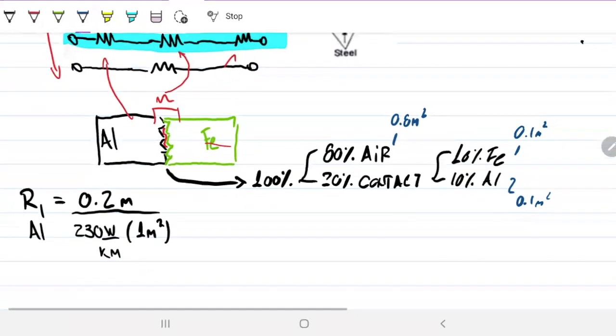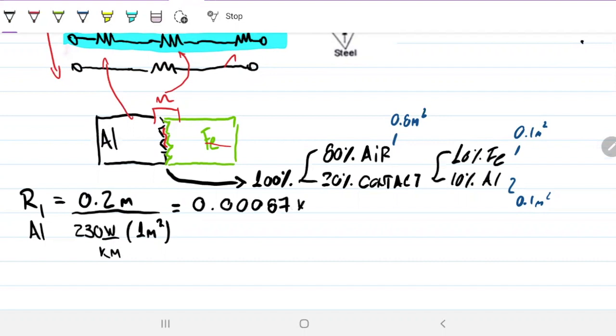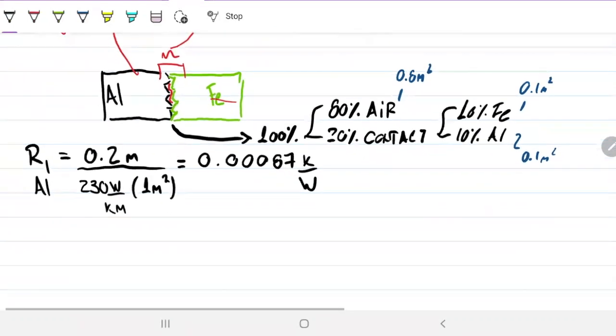Coming back to this, meters cancel meters, and we're left with Kelvin per watts, and that is 0.00087 kelvins per watt. What is our R3, the resistance due to the steel?